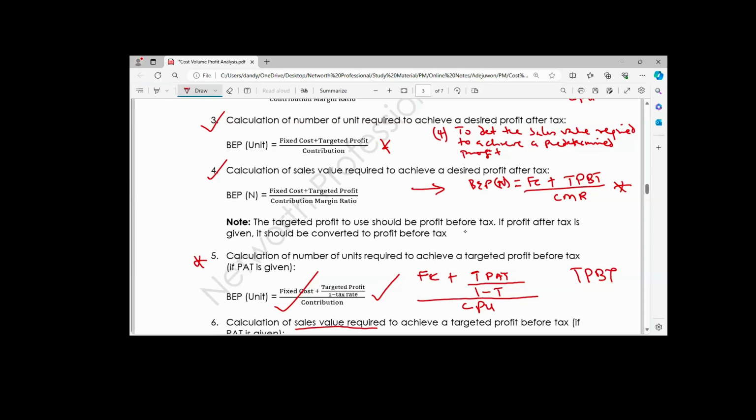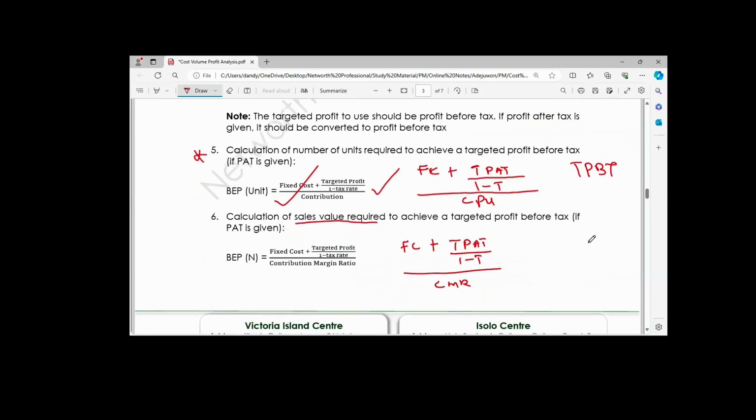That's number 4. Then in number 6, if profit after tax is given to you, this is the formula you use to calculate your break-even point in Naira to earn a targeted profit. So there's a difference between the formulas.